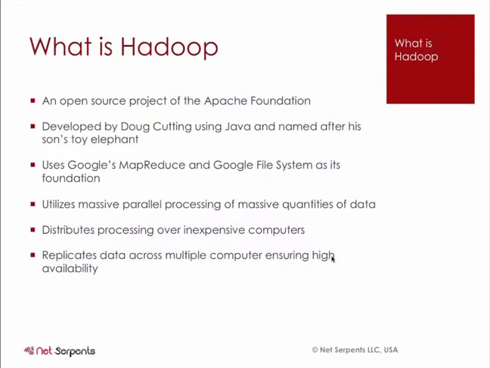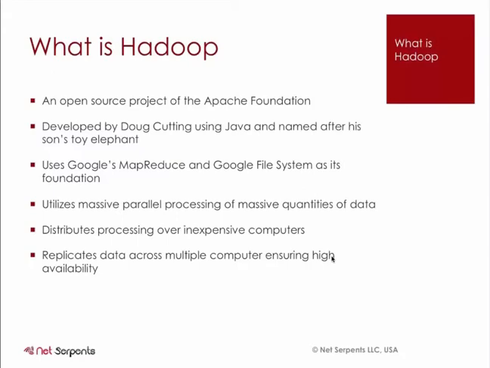No. Okay. So this is further explaining what Hadoop is, and a little bit about its history. It's an open source project. The Apache Software Foundation actually owns it. There was a person called Doug Cutting, and he used Java to develop this Hadoop system, and essentially he named it after his son's toy elephant.